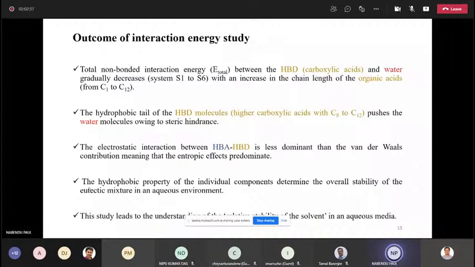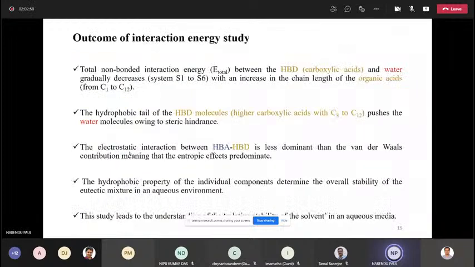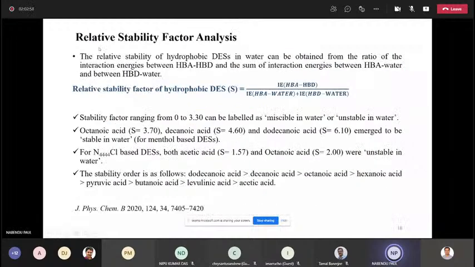So, from the whole study, can we get some qualitative idea from the quantitative data that we have? We tried that, and we have come up with one relative stability factor.